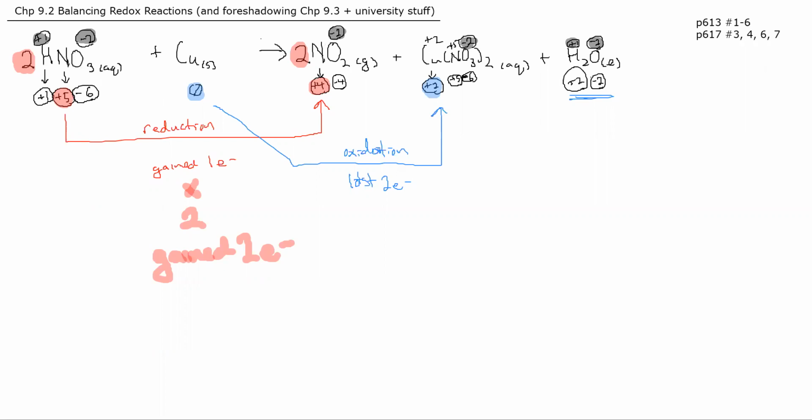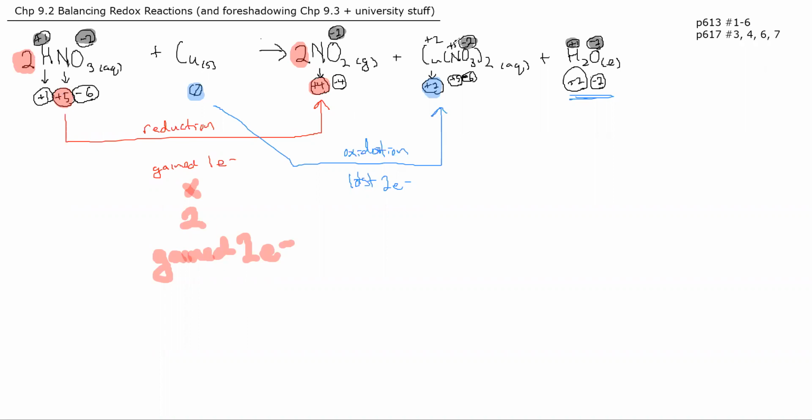So how do we go about balancing that? Take a second and look around the rest of the equation. You are going to be eyeballing this to figure it out. Take note, the nitrogen from here, remember, gained 1 electron and became nitrogen dioxide. So these two nitric acid molecules were used to become nitrogen dioxide.